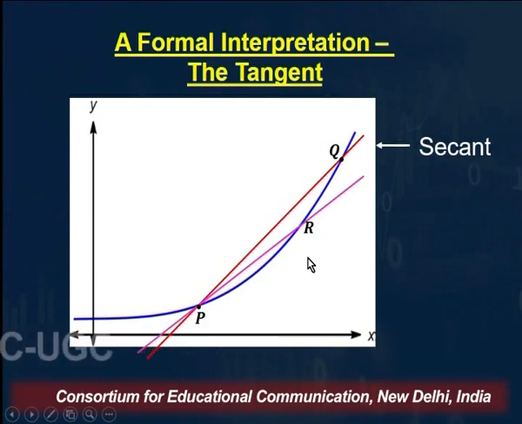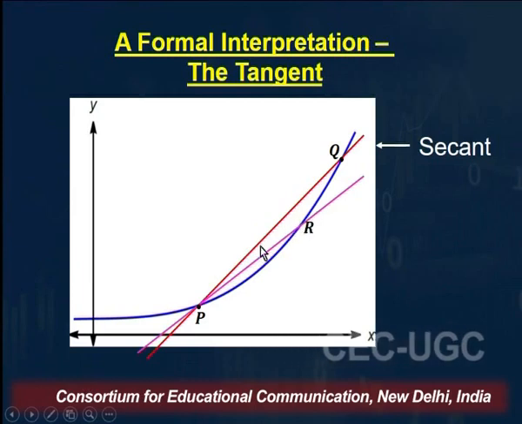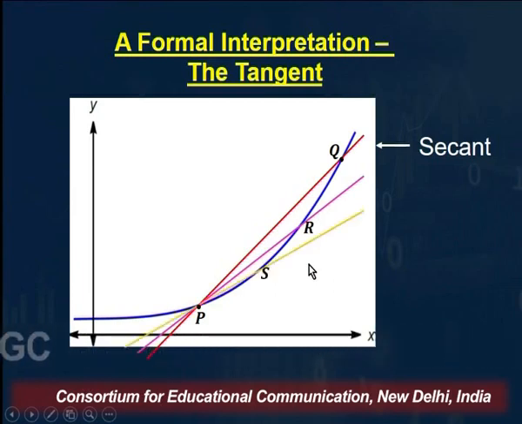So now I've moved to this point R. Okay, so I move from Q to R, and do you see that the secant line now is cutting through P and R. Now let's come even closer to P. So now this is the new secant line in yellow.